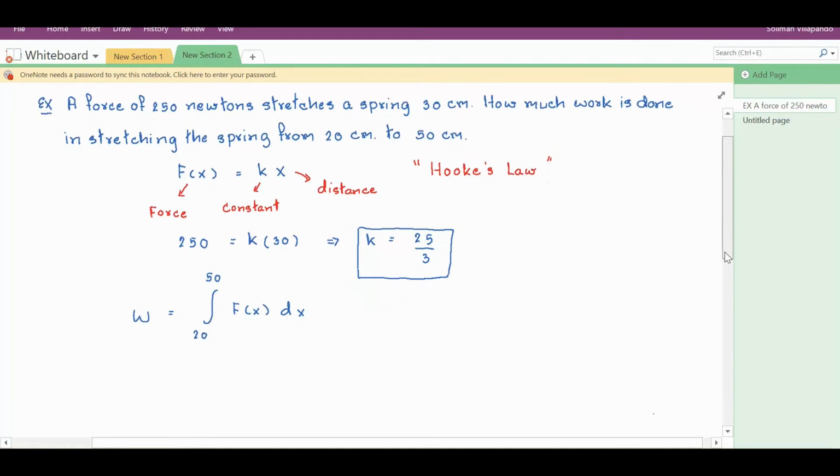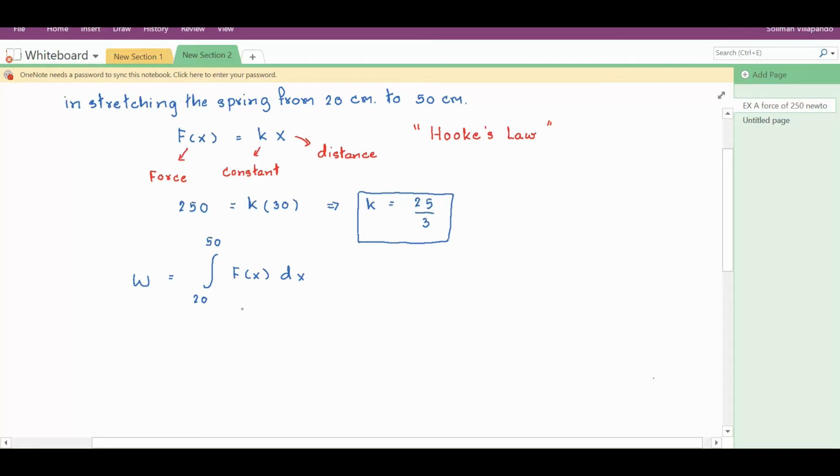Now I'm going to substitute f of x, which is k times x, and I already solved for my k, which is 25 over 3. So I have an integral from 20 to 50 of k, which is 25 over 3, times x, which is my distance that changed from 20 centimeters to 50 centimeters, dx.